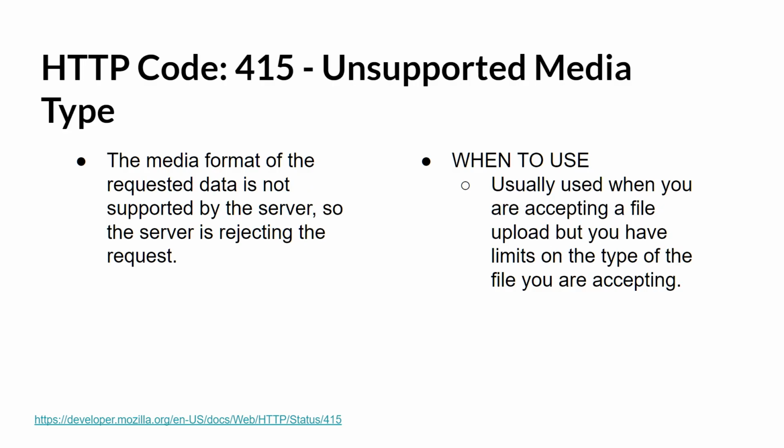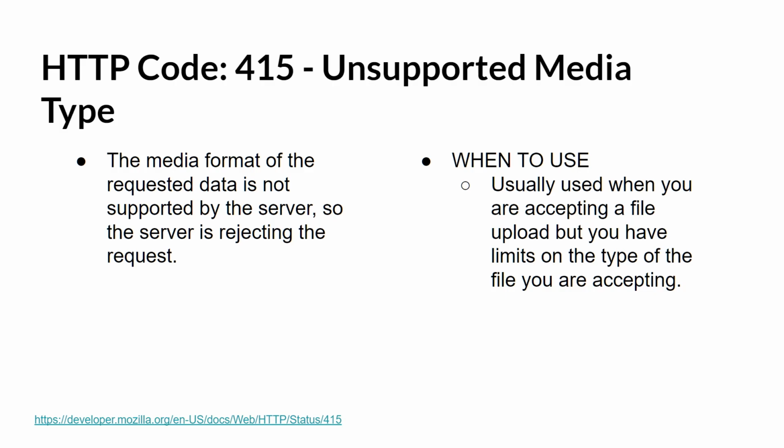415 unsupported media type is also an error if, let's say, you are accepting a file for upload, but you only allow JPEG image types, but the user uploaded a PNG image type.